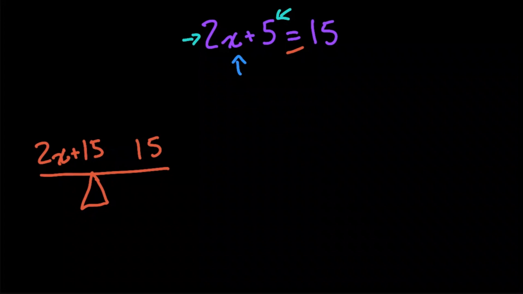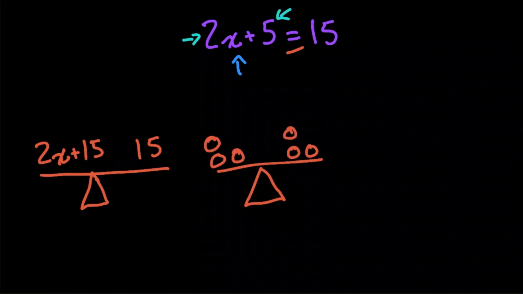And the key rule here is whatever you do to one side, you must do to the other side, because if you don't, it is no longer equal. Think of this as adding or removing a weight from a scale. So let me just draw a scale over here with 3 balls on each side. And now let's add a 1 to our left side.